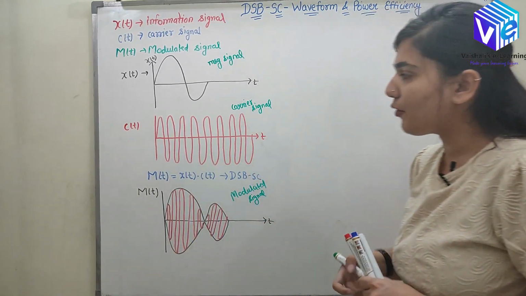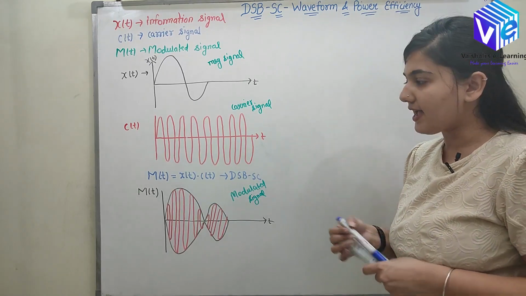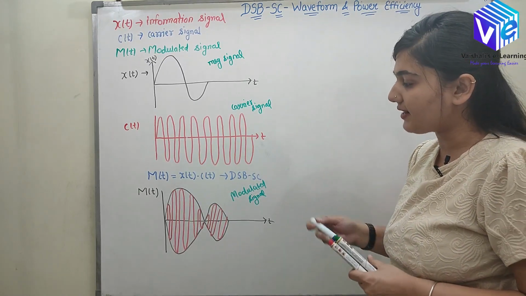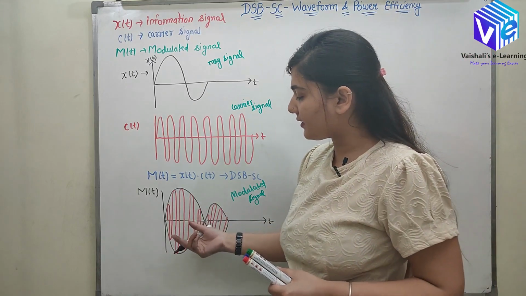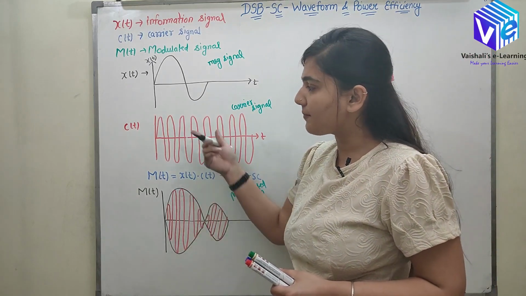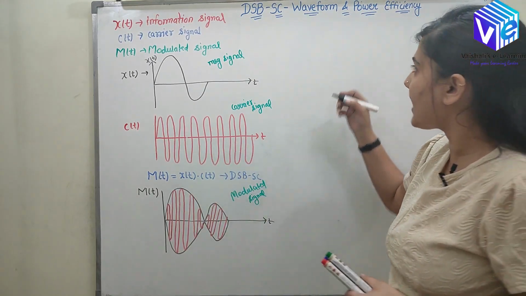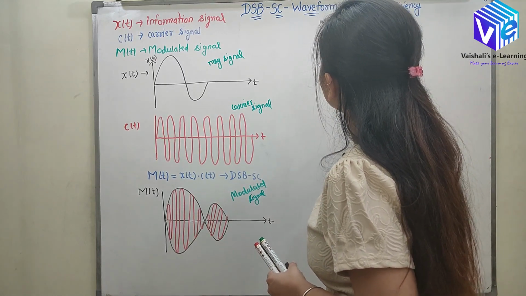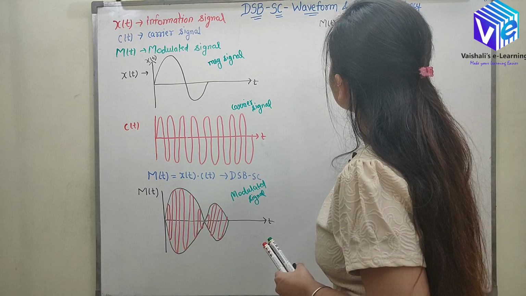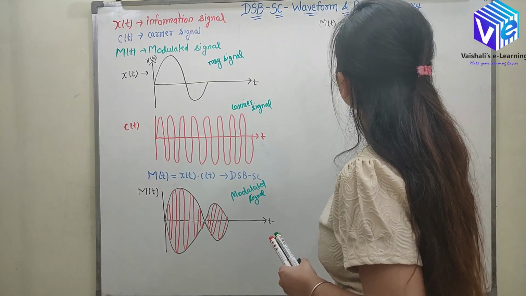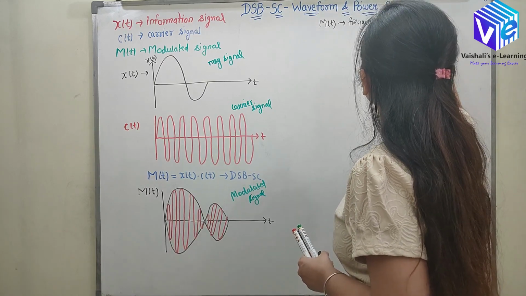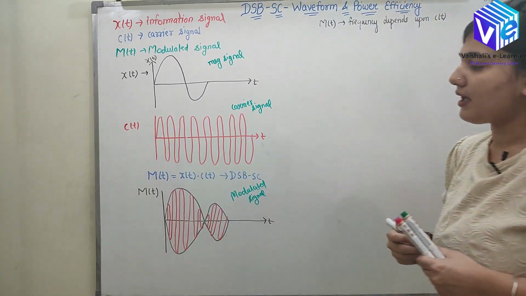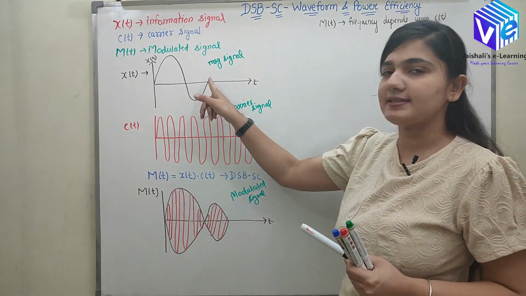Now from all of these waveforms, I can derive a conclusion that the modulated signal's frequency just depends upon the frequency of the carrier. So m(t) frequency depends upon c(t). And it will be 0 where x(t) is 0.